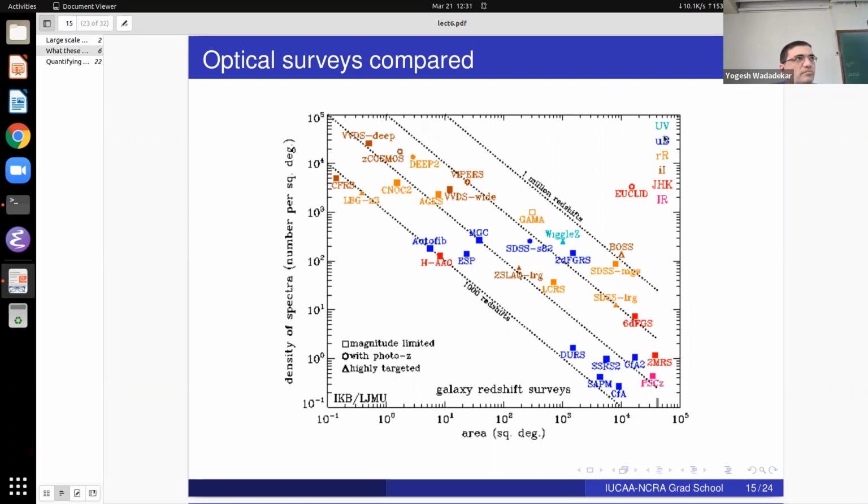Now, remember the spectrum of any object, be it a star or galaxy, has a certain continuum shape, which is well understood. And if you know the morphology of the galaxy, you know what is going to be the continuum spectral energy distribution of ellipticals, what is it going to be for spirals, and so on.